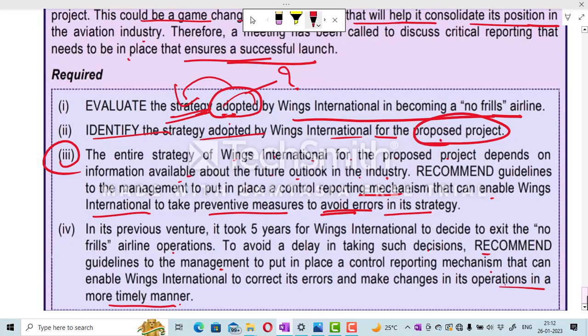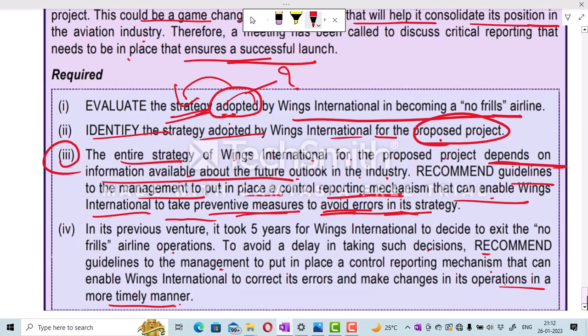The entire strategy depends on information available for future outlook, meaning future estimations. Recommend guidelines to the management to put in place a control reporting mechanism that can enable Wings International to take preventive measures to avoid errors in this strategy. See, we don't have past data, so in order to avoid any errors, we need to take preventive measures.